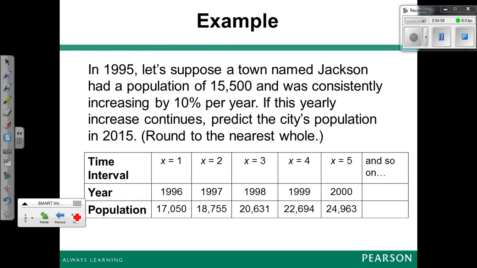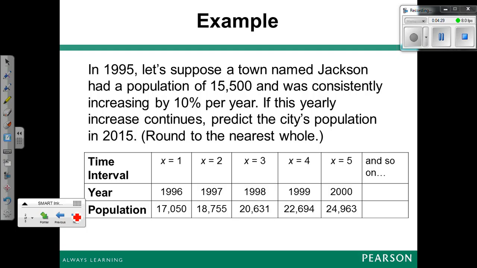This one is actually solved for you already, I think. If I could have a volunteer to read it, please. In 1995, let's suppose a town named Jackson had a population of 15,500, and it was consistently increasing by 10% per year.